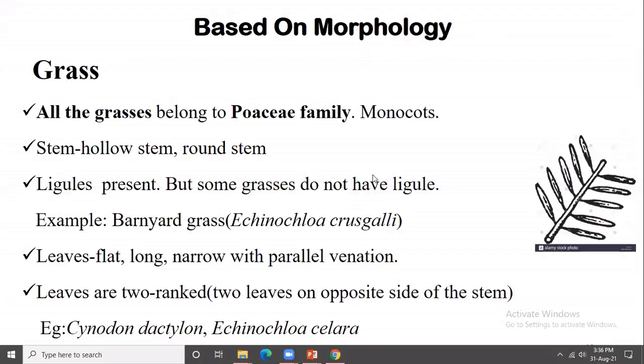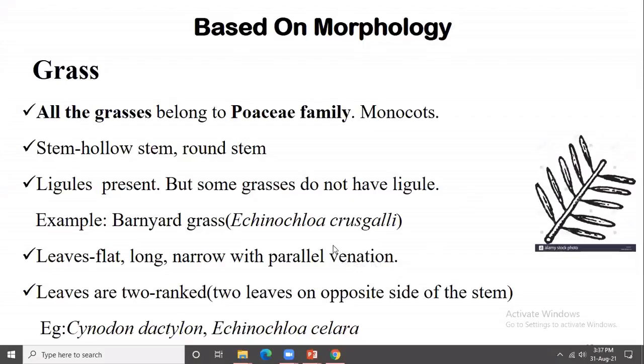Leaves are flat, long, and narrow with parallel venation.